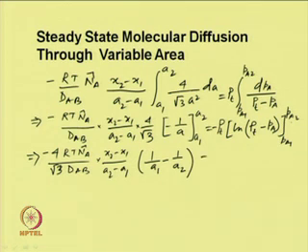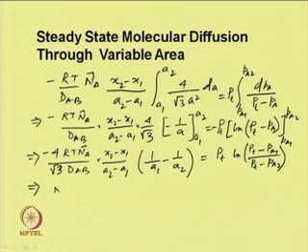So, this will be equal to Pt ln (Pt minus Pa1) by (Pt minus Pa2).